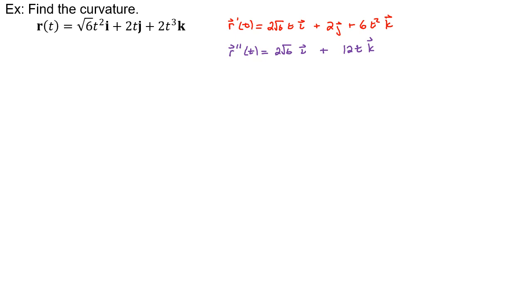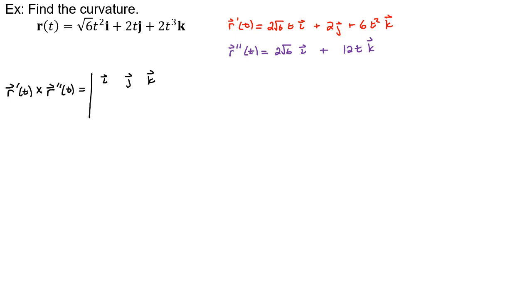And so I have to do the cross product between these two vector functions. I want to do r prime crossed with r double prime. I'll have an i, a j, and a k.